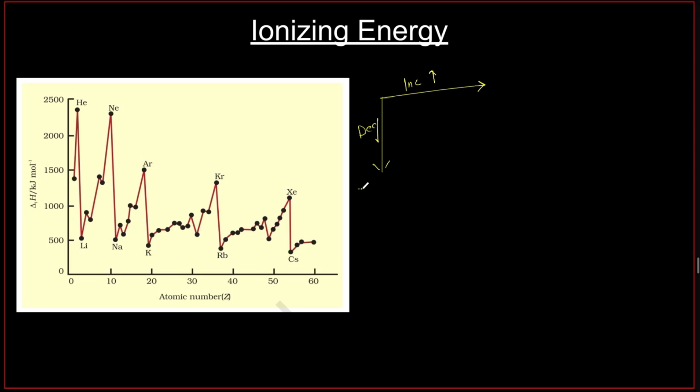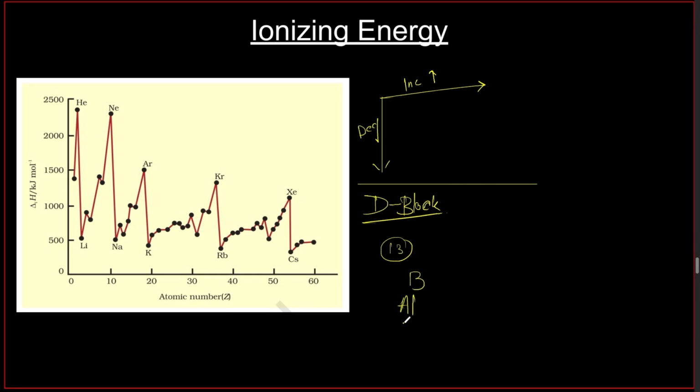Ionizing energy is a bit peculiar in the D block. How does it look for group 13? If I see germanium, it's not germanium, it's gallium, my mistake.